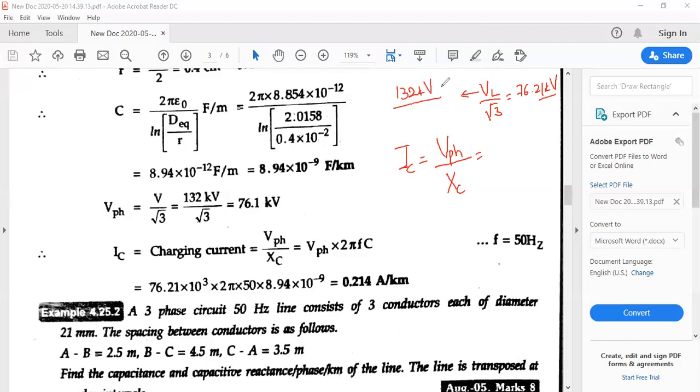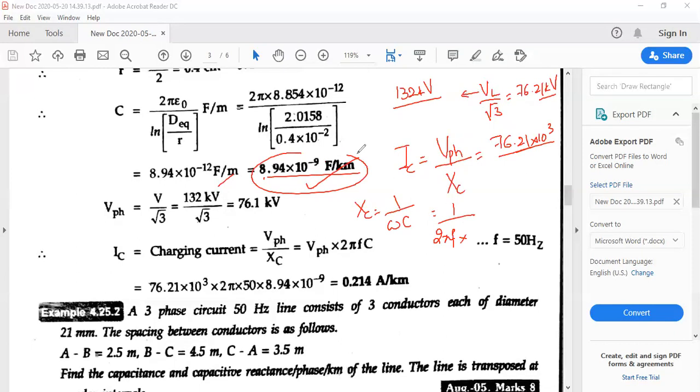So this is 76.21 into 10 power 3, and XC can be calculated as 1 divided by omega C, which is 1 divided by 2 pi F into C. C is this value in terms of kilometer, since you have to find the charging current per kilometer. So instead of putting the per meter value, you have to put the per kilometer value in the equation.